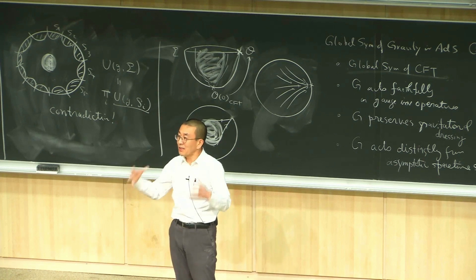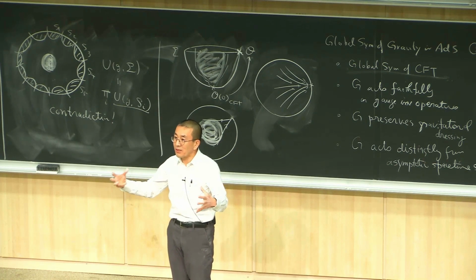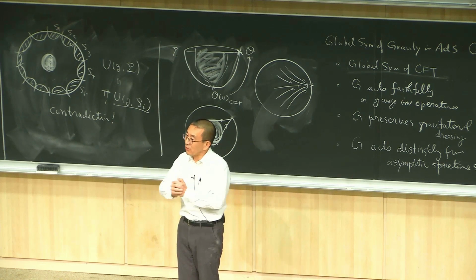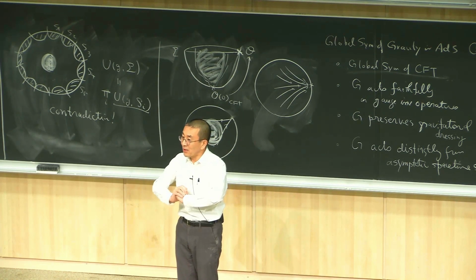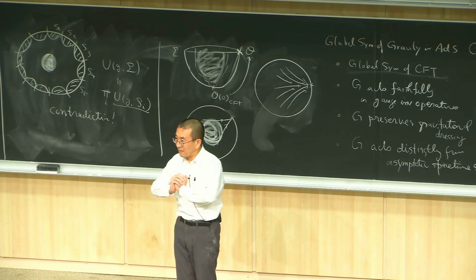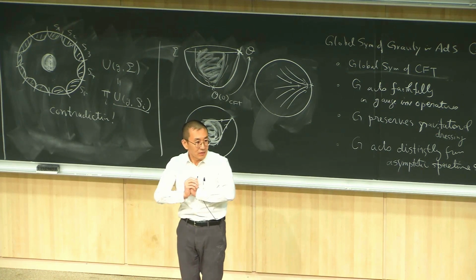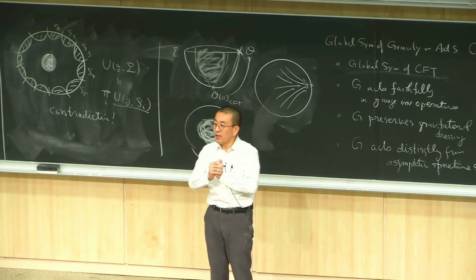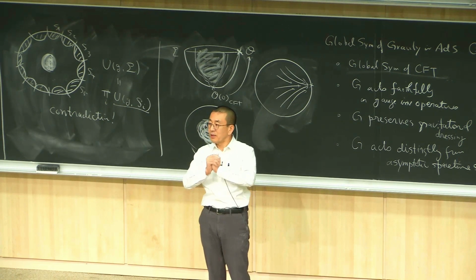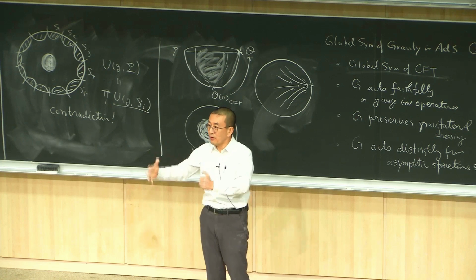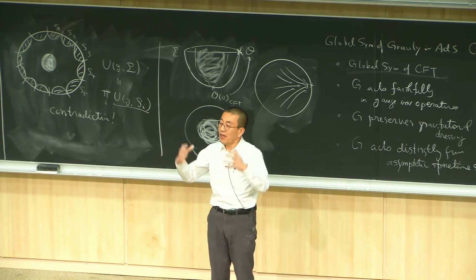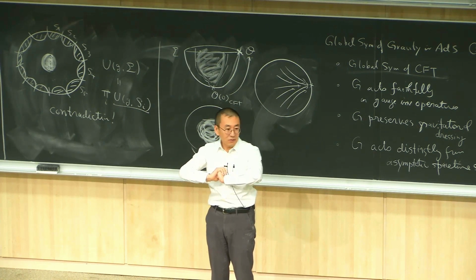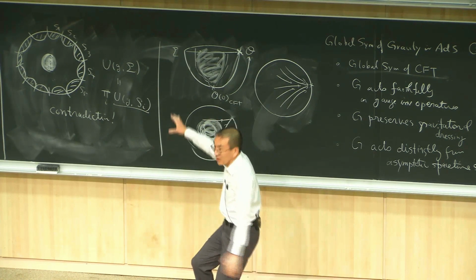I'm saying that such a symmetry transformation cannot be made into an exact symmetry of the dual conformal field theory. That's the claim. So this is the same as saying that any global symmetry of the low energy effective theory coupled to gravity cannot be embedded as an exact global symmetry of the quantum theory of gravity. So this is a proof. Okay.